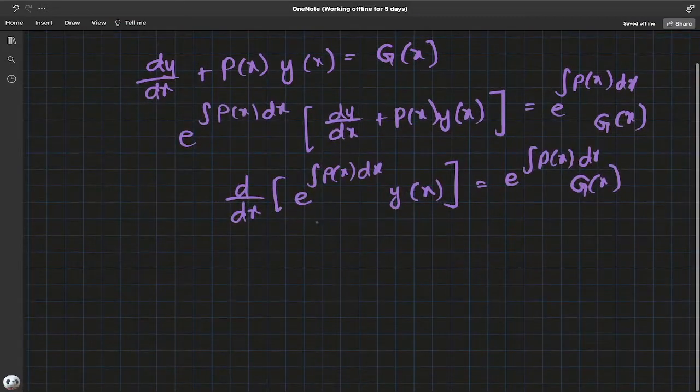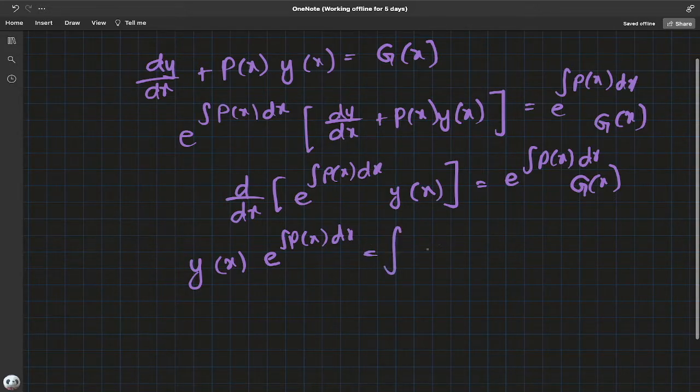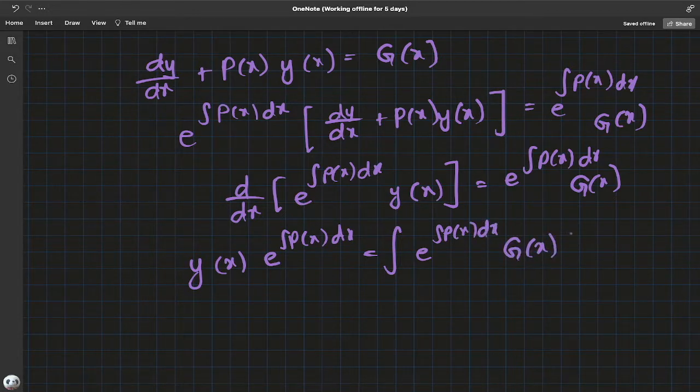You can check this out, you do the chain rule to get this. And then since we have a derivative here, we can just take the antiderivative on both sides to get y of x times the integrating factor equals the antiderivative of this thing over here dx plus the constant of integration.